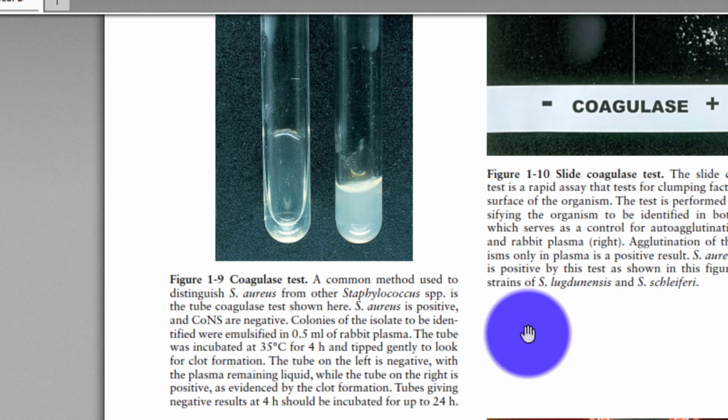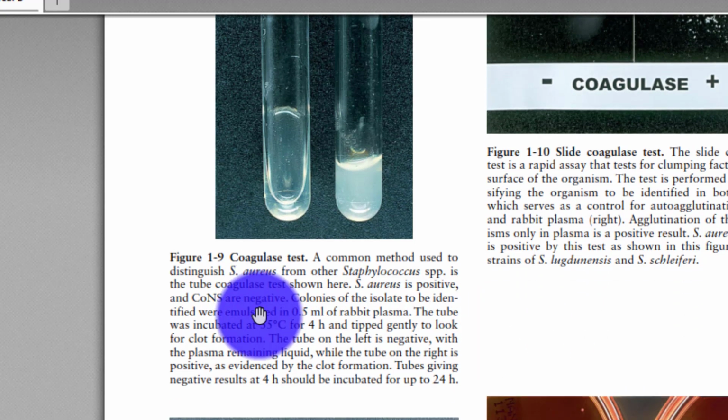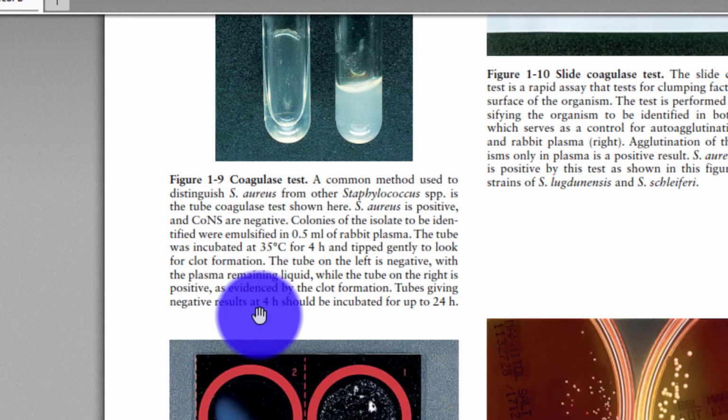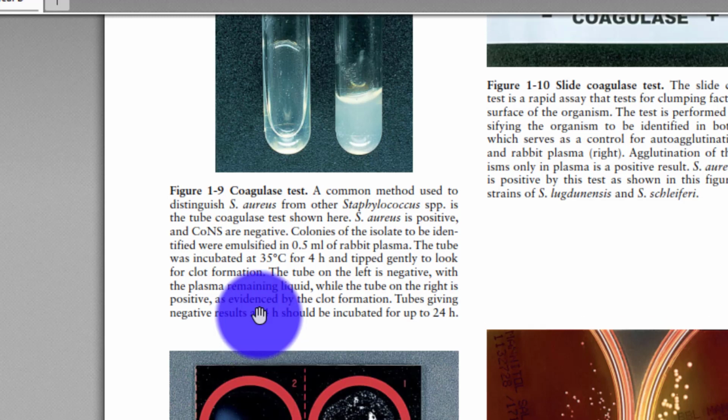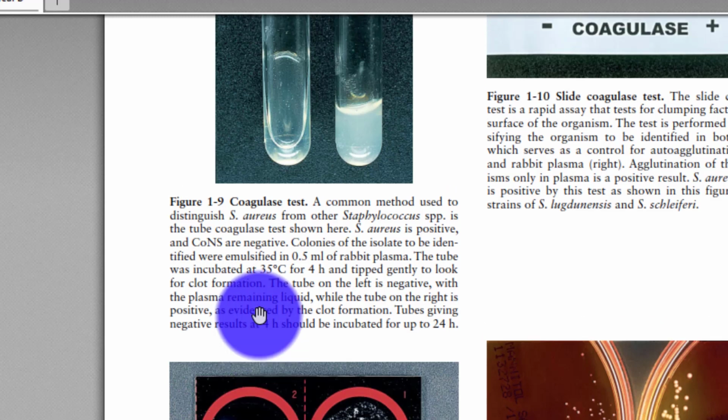Coagulase test, a common method used to distinguish Staph aureus from other Staphylococcus species. The tube coagulase test shown: the Staph aureus is positive. Colonies of the isolate to be identified were emulsified in 0.5 ml of rabbit plasma.